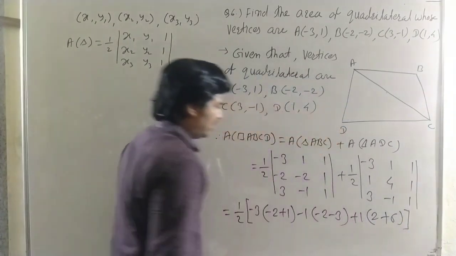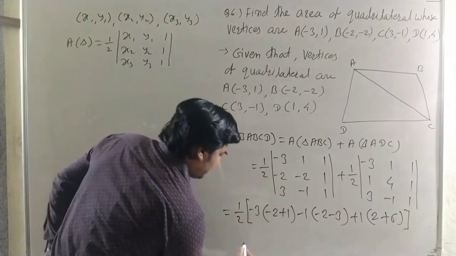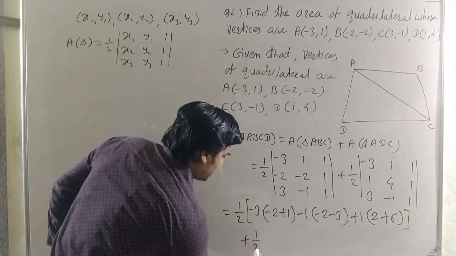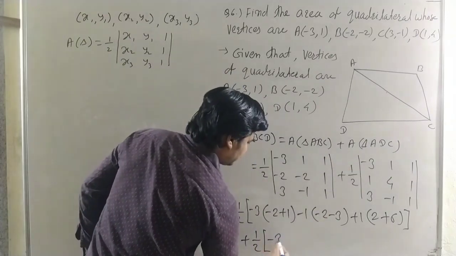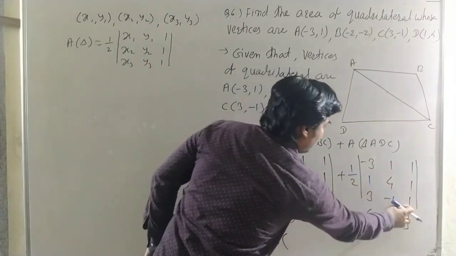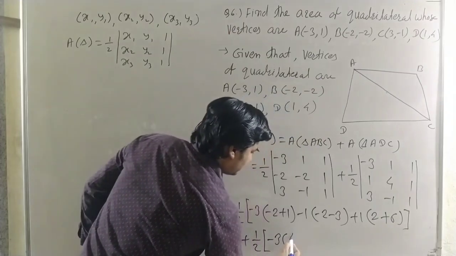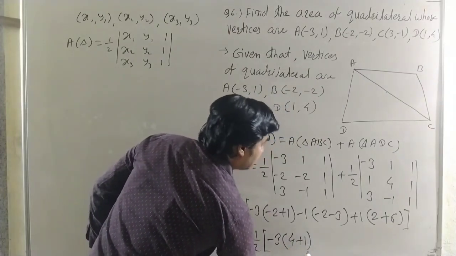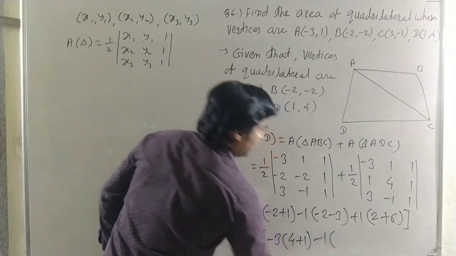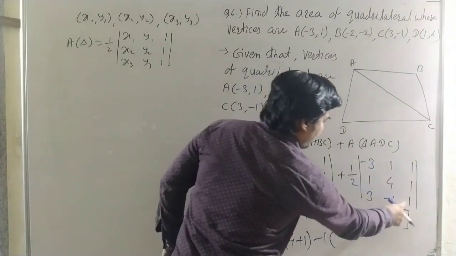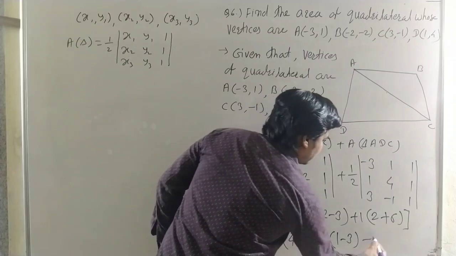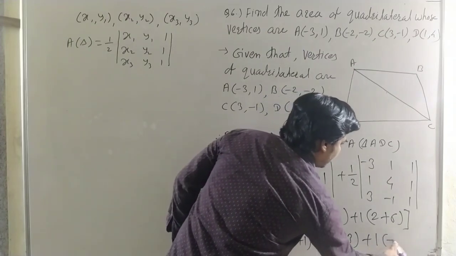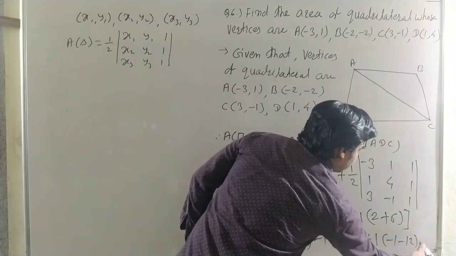It is the first determinant. Now plus the second determinant, again -3 into 4 plus 1, change the sign of the middle term, -1 into 1 -3, plus 1 into -1 -12.